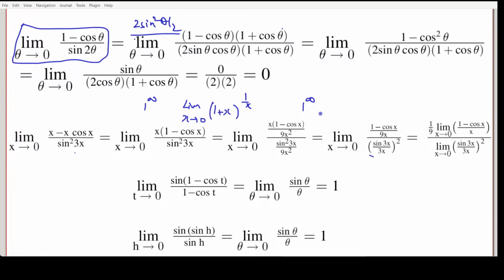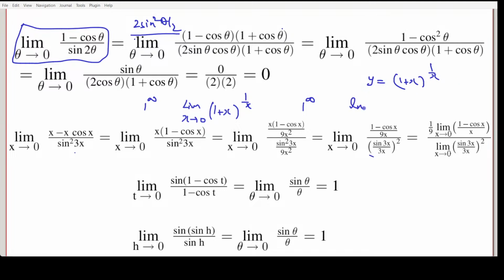Agreed? Yes, sir. This is in the format of 1 power infinity. We want to calculate what exactly this limit is. So now what we do, we take this function as y equals 1 plus x whole power 1 by x.